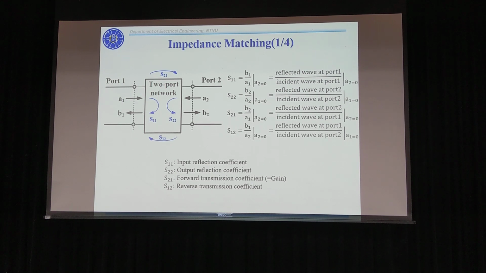In radio frequency systems, signals are transmitted as electromagnetic waves. During signal transmission in the system, incident waves, reflected waves, and transmitted waves are generated. We can use scattering parameters to describe the characteristics of these signals.